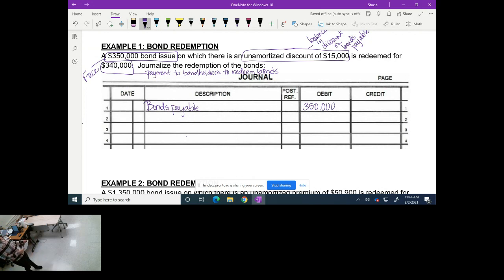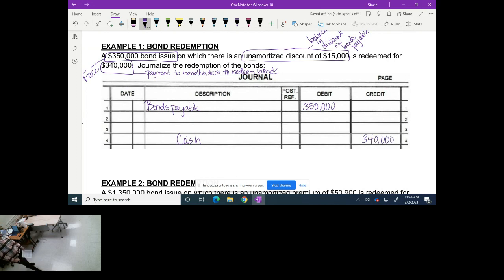You almost have to learn to interpret the wording on these things and pick them apart. So we know we've got bonds payable to get off the books, $350,000. We know at some point we're going to have to credit cash. I'm putting it at the bottom because it's debits first and credits last. We have been told that they're redeemed for $340,000, so our cash credit is $340,000.